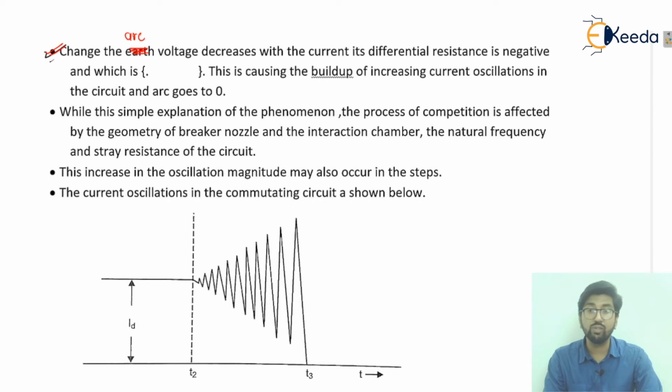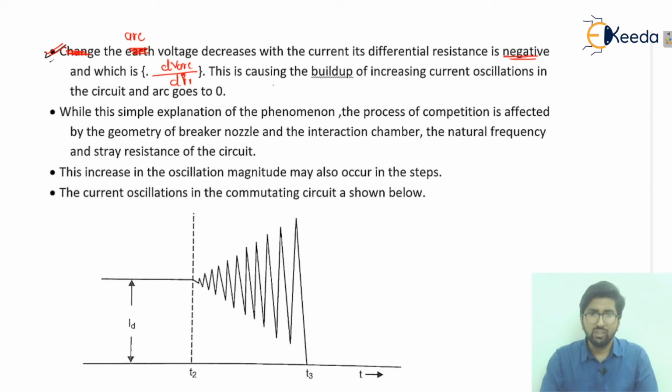As the arc voltage is decreasing with the current, its differential resistance is negative. Then the differential resistance is going to be negative if you go through that formula.